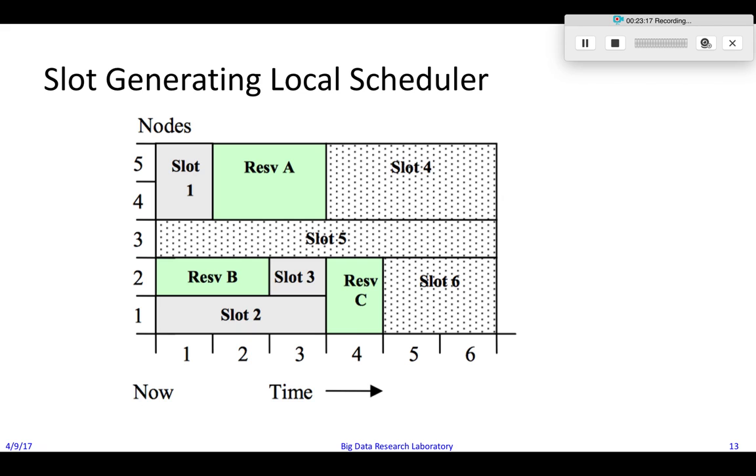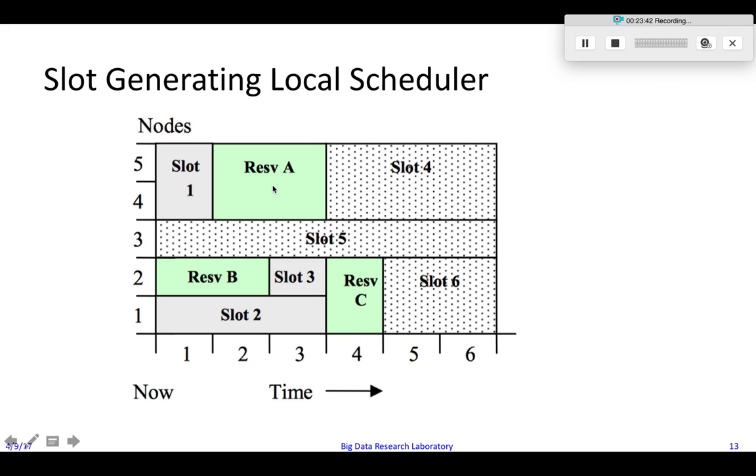And this scheduler can determine the free time periods for processors from the current time and the future time period. So the user can use this scheduler to reserve some resources.